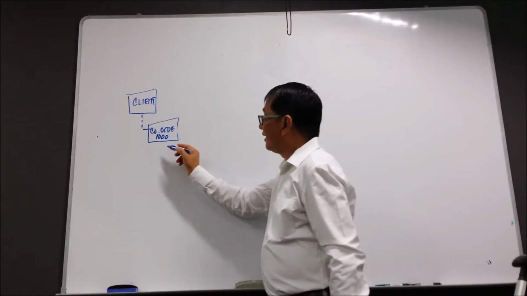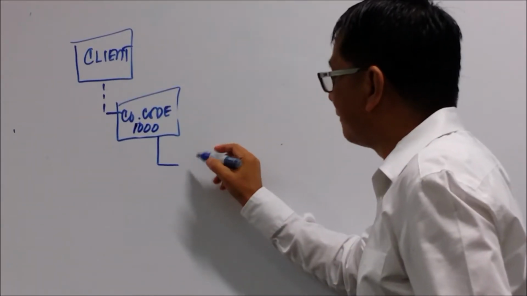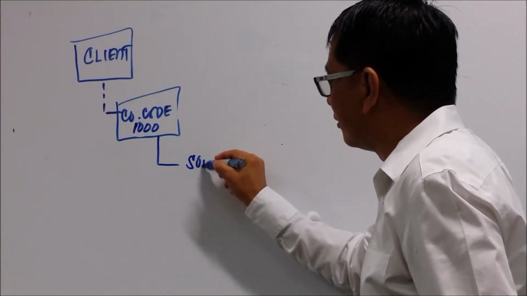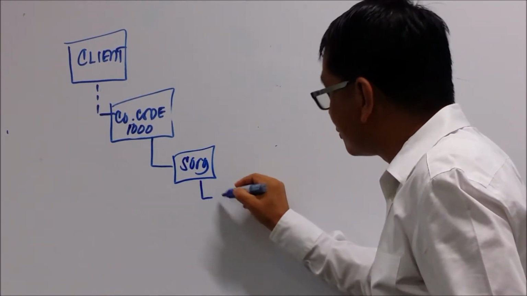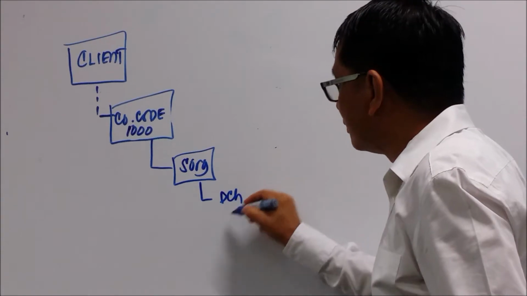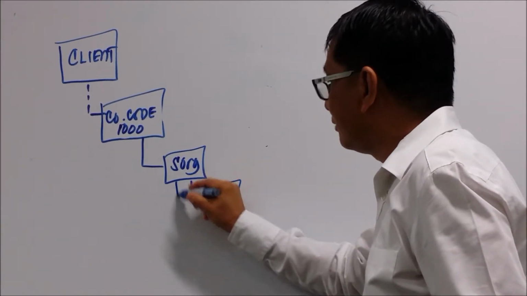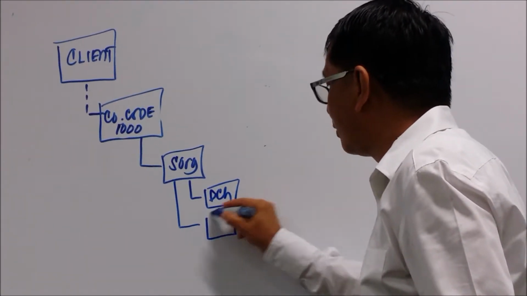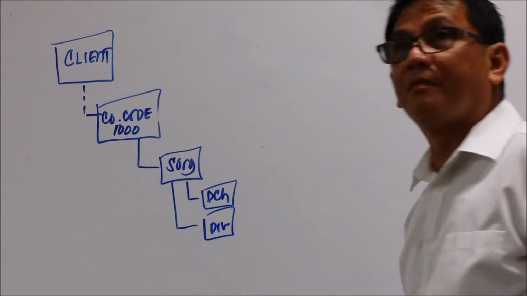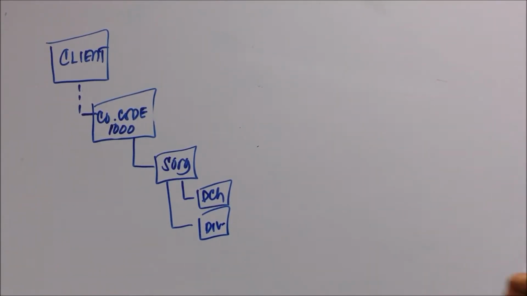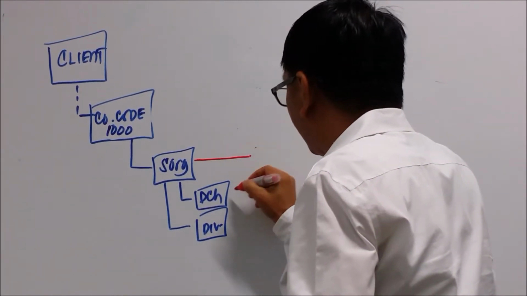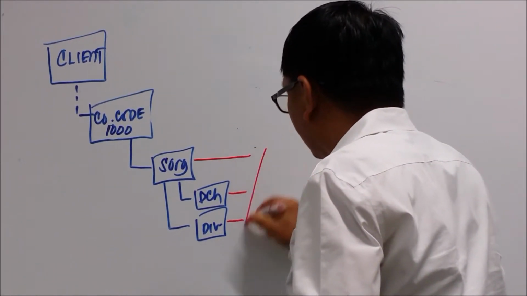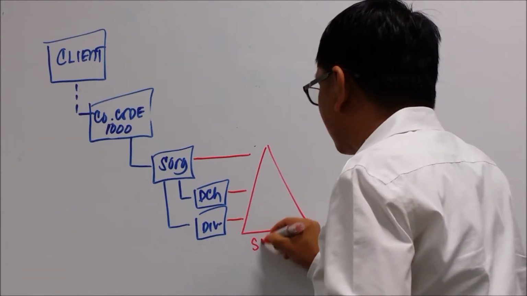Okay? Now, linked to that company code could be one or more sales organizations. Linked to the sales organization could be one or more distribution channels. Linked to the sales organization could be one or more divisions. Now, with this setup, we group together 1 plus 1 plus 1, and we set up our sales area.